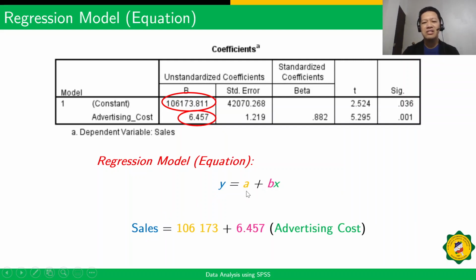A here is the constant, and the value of that is this number here, 106,173.811. And then we have our B here, the value of B for advertisement cost, that's 6.457. And then X here is our independent variable, the predictor variable, so that is the advertising cost.